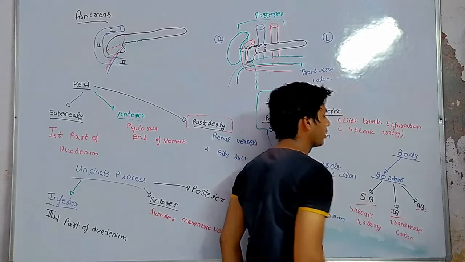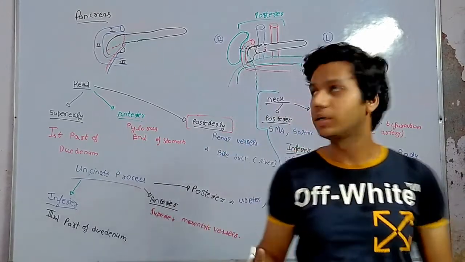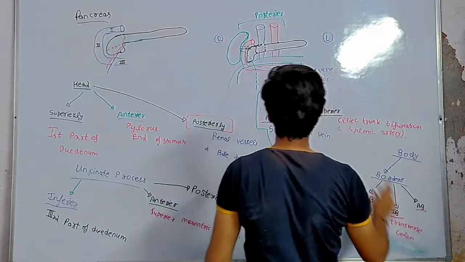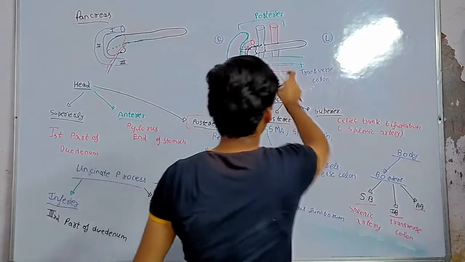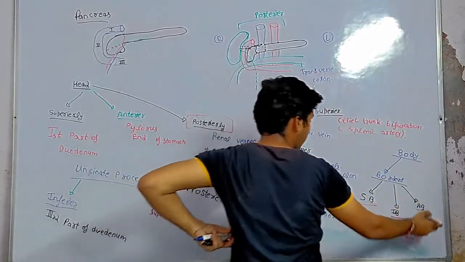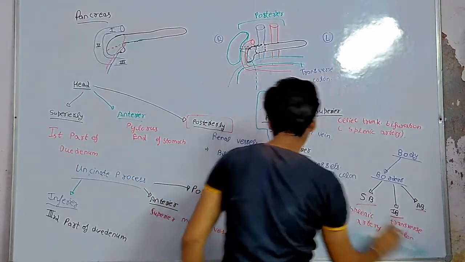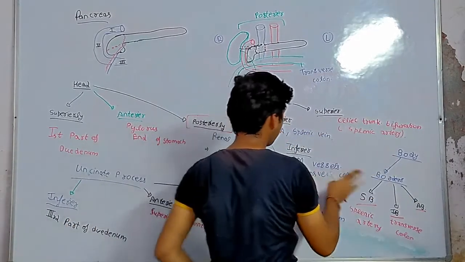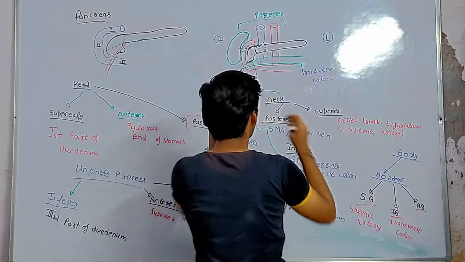And the anterior border. Remember, the transverse colon is also included here inferiorly. The transverse colon is just in front of the pancreas.